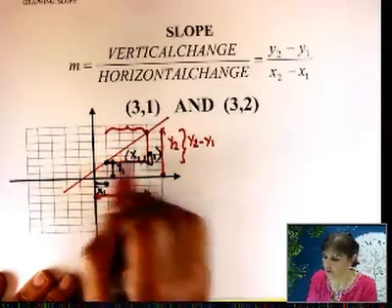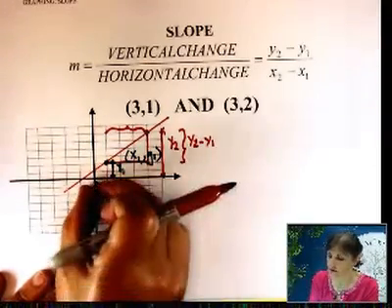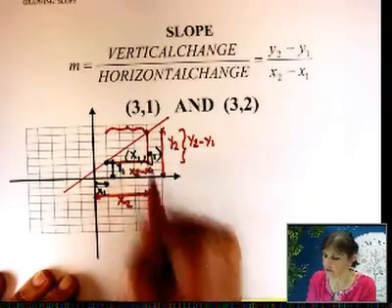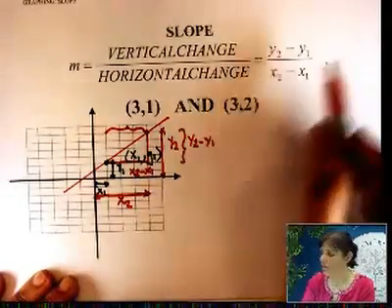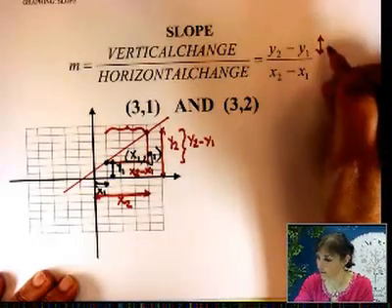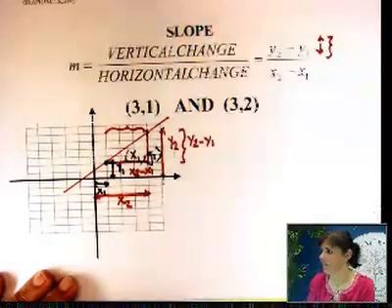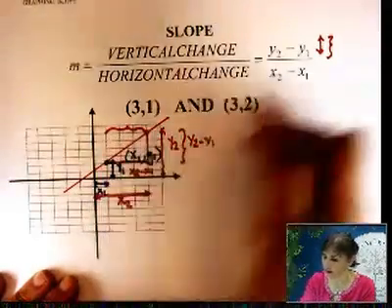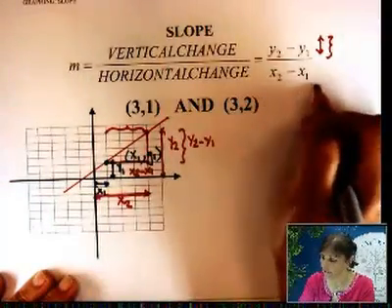How about this one? That's this distance minus that one, and that one is X2 minus X1. So the slope is simply Y2 minus Y1 over X2 minus X1.